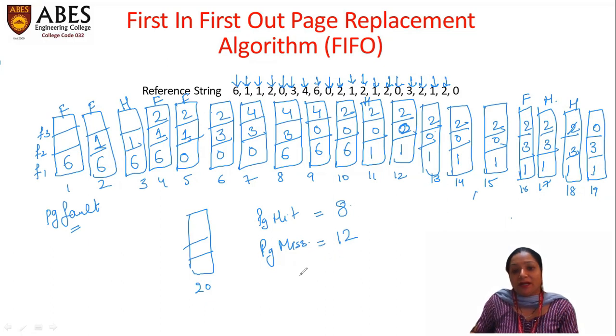So the ratio will be 8:12, that is 2:3, that is your hit ratio, right? So this is how FIFO page replacement algorithm works. The motive of every page replacement algorithm is to minimize the number of page faults. But now we will see one major disadvantage of the FIFO page replacement algorithm.